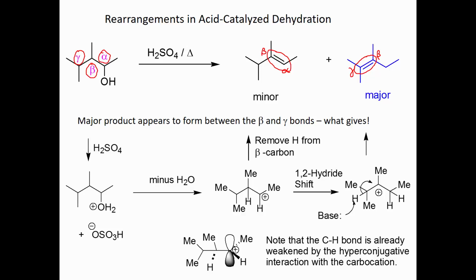In the first step, we're protonating the alcohol to afford this protonated alcohol, and then we just lose water and produce the carbocation. Okay? One thing that this carbocation can do is just lose the hydrogen right here and form the minor product. Okay, but that doesn't seem to be the main thing that's happening here.